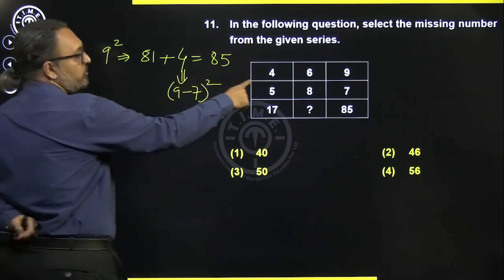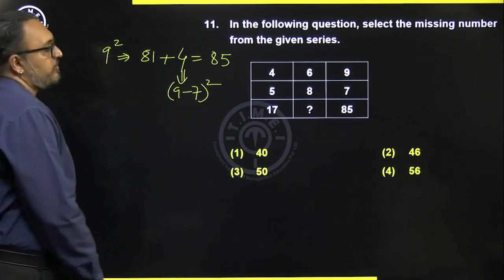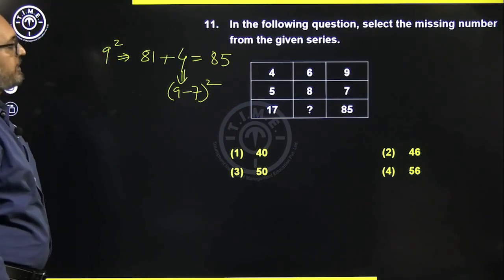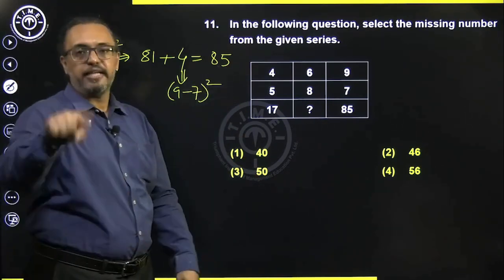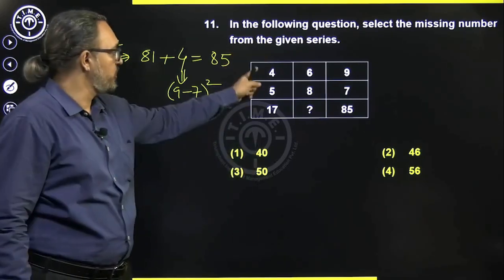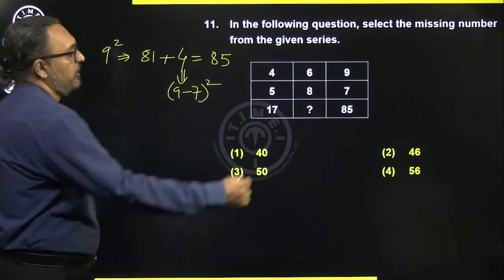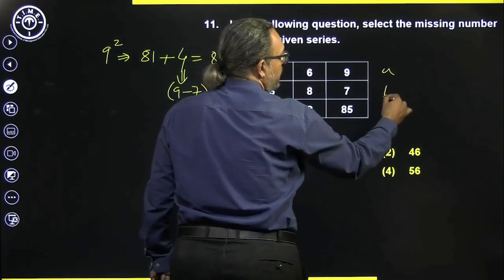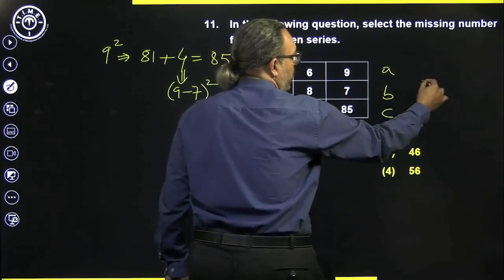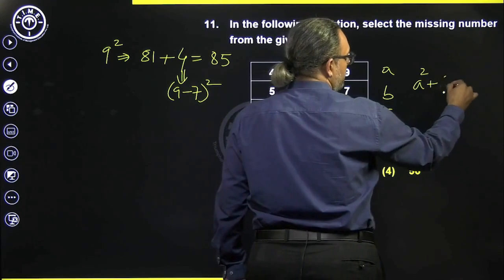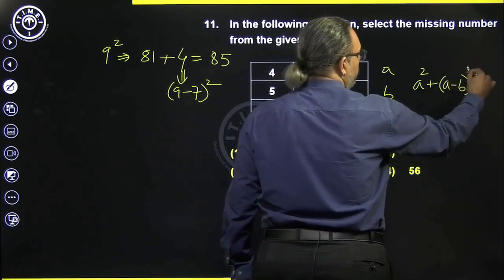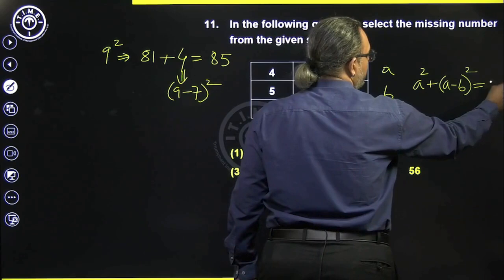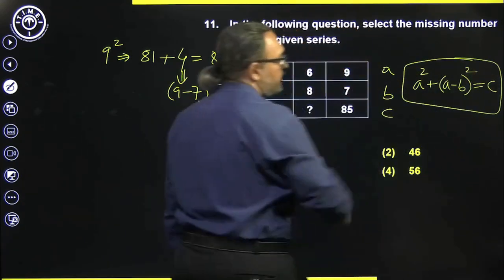Will that work here also? 4 square is 16, and then 4 minus 5 is negative 1, negative 1 square is 1, so 16 plus 1, 17. So it will work. So taking A, B, C, my logic is A square plus A minus B whole square. That gives you C. That's the logic we can try.